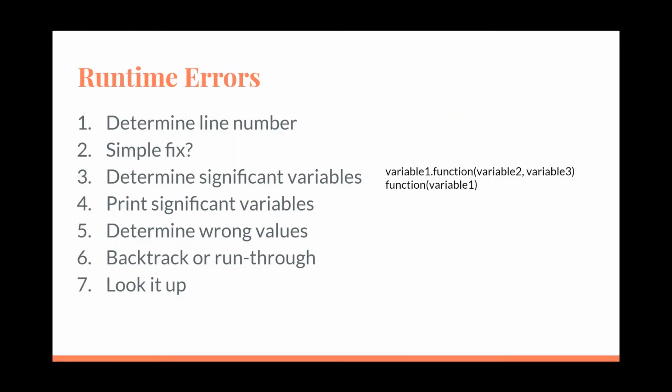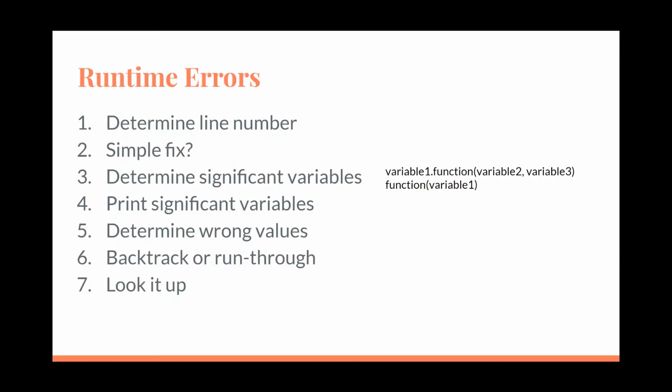Now, the next type of code statement you might have is a function call. And when you call a function, it depends. You might have a reference to an object here and use that to call a function within that object, or you might call a function within the current object or class that you're working in, and that's the lower example here.